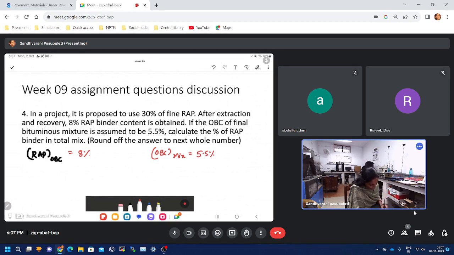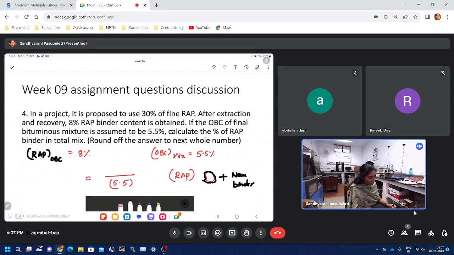So here the total binder content in the mix is 5.5. How do we get this 5.5? Usually when we have the RAP aggregate, surrounding the aggregate there must be some binder. Whatever binder is present around the aggregate, we will also add some new virgin binder.